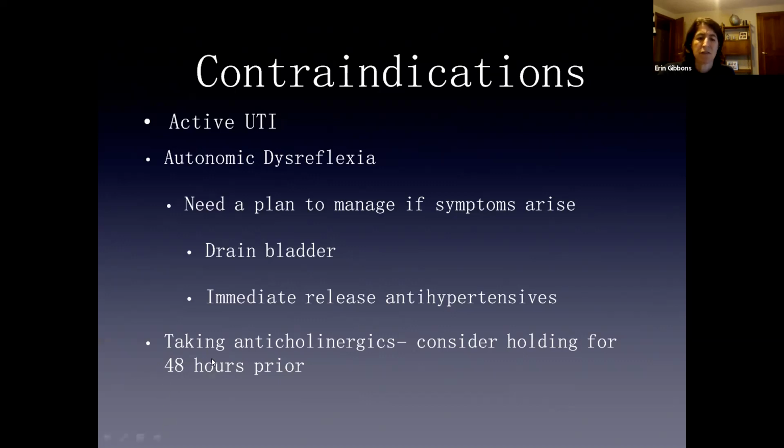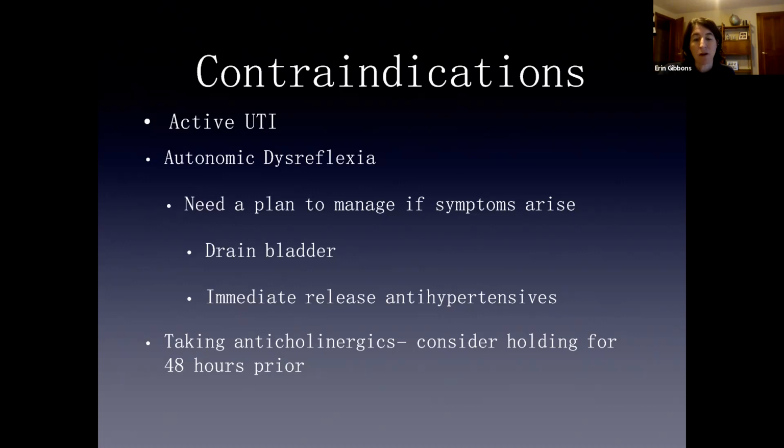In terms of anticholinergics, I think that comes down to your practice and what you're looking for. So if a patient has been on multiple anticholinergics or been on an anticholinergic that was working and no longer is working, you might actually want to do the test on the anticholinergic. Most commonly, I have patients stop their oxybutynin or something like that 48 hours ahead of time.